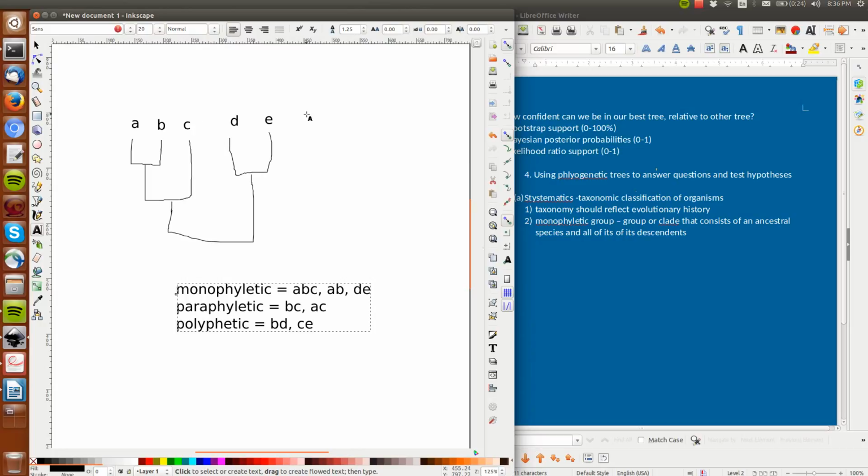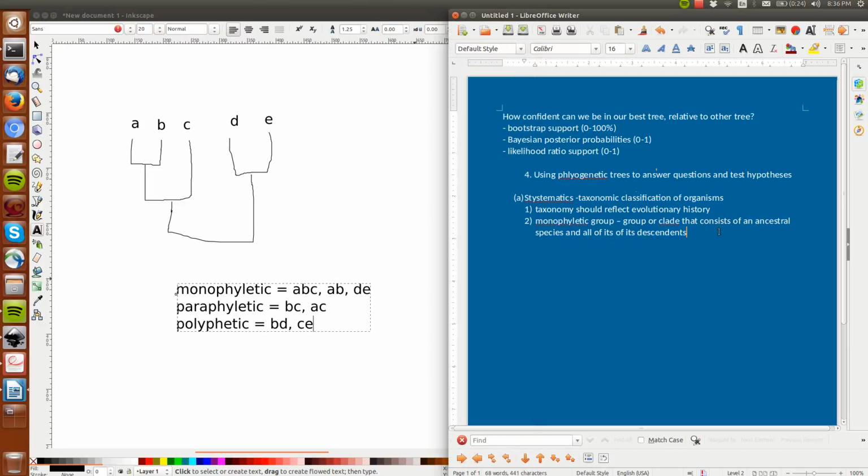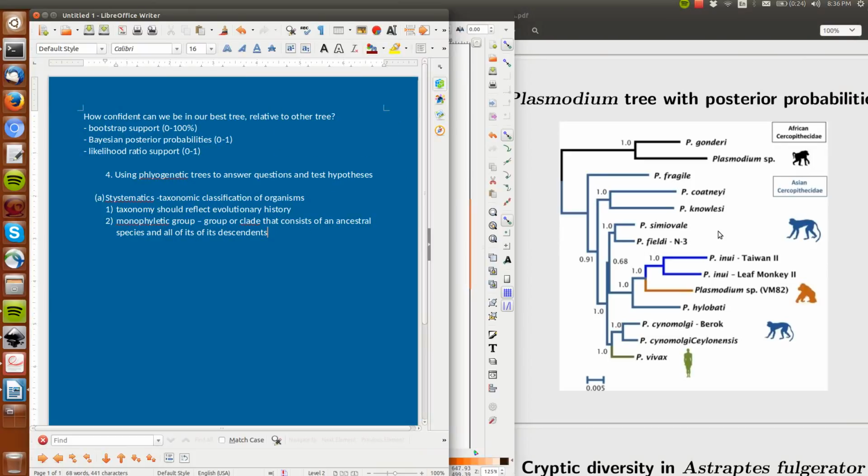B and D or C and E would both be considered polyphyletic groups. So the key here again is that we're aiming for monophyletic groups. So we need a tree to identify monophyletic groups to be able to base our systematics and taxonomy on this.